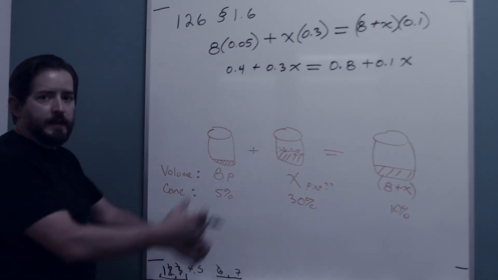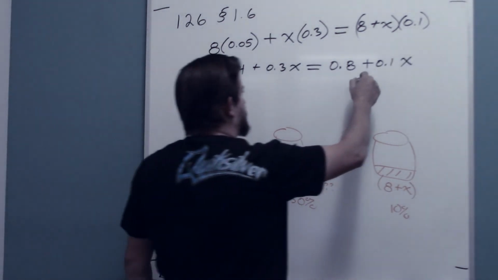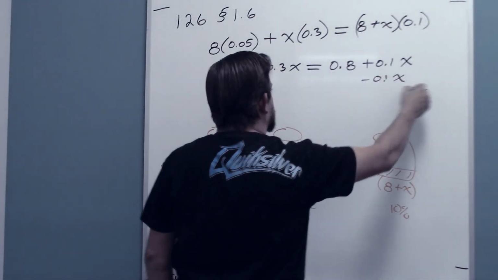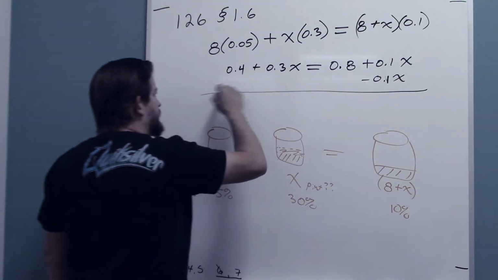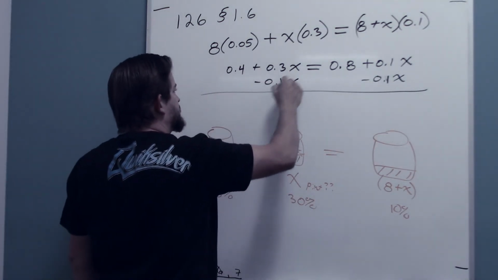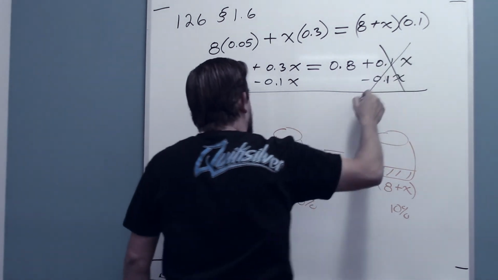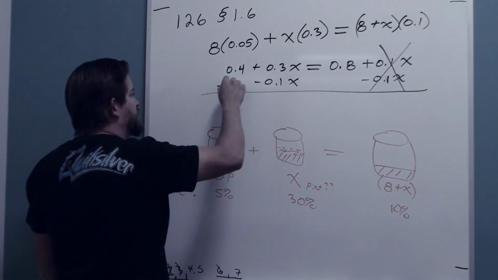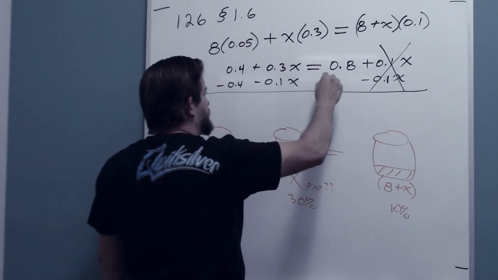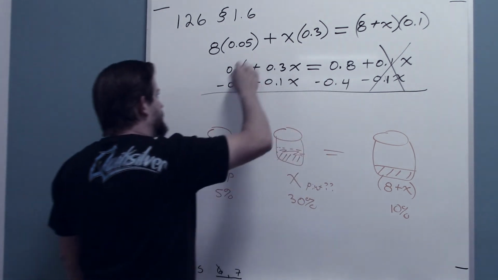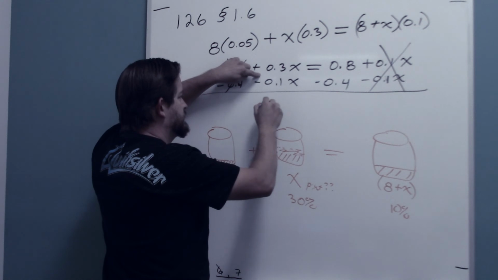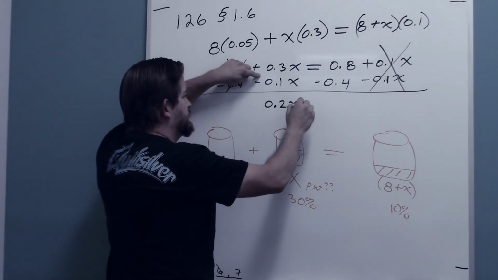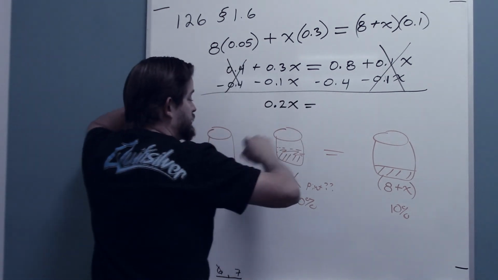I'm going to move all of my x's to the left. I'll subtract 0.1x minus 0.1x. My x's are now all to the left, so I'm going to subtract 0.4 to get all of my numbers on the right. And that leaves me with 0.2x equals 0.4.